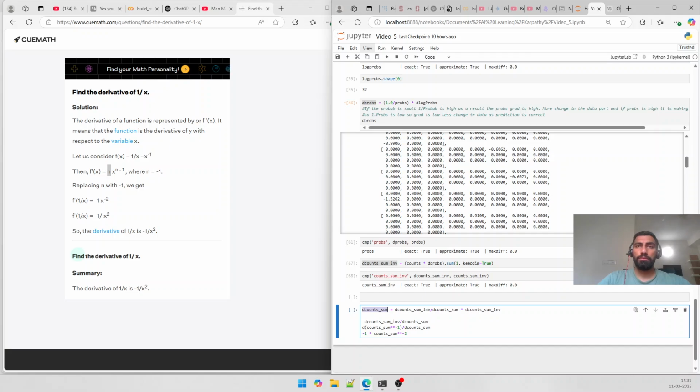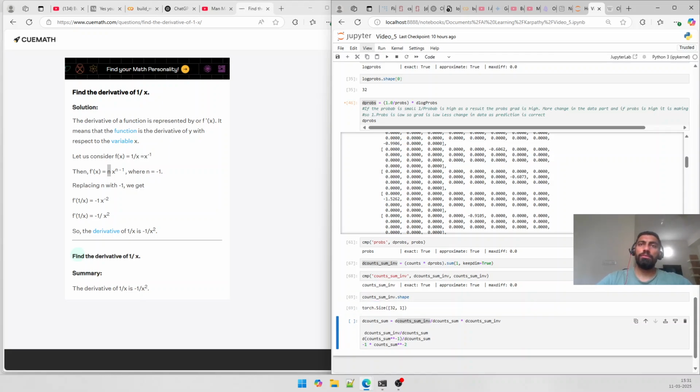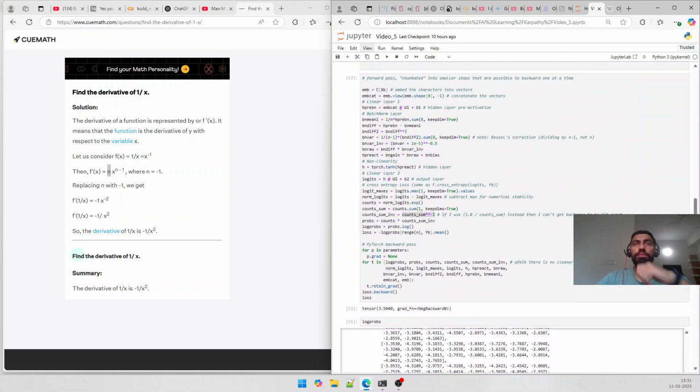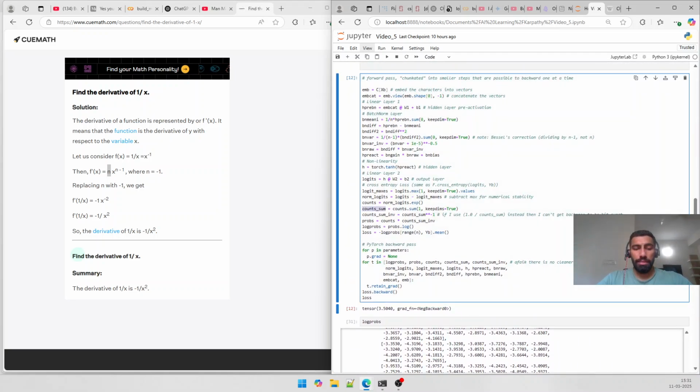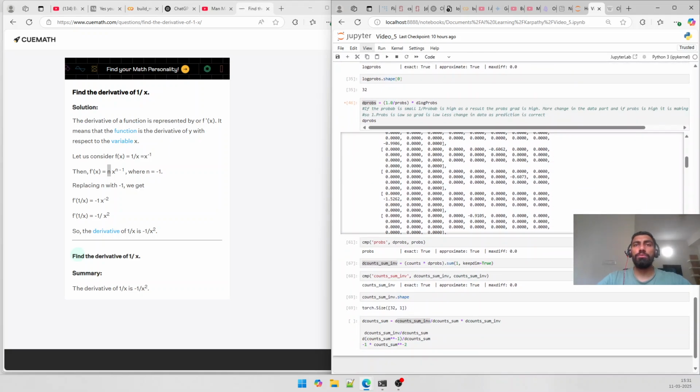So -1 into count sum whole square, minus count sum here is this individual, so this should also be 32 cross 1.